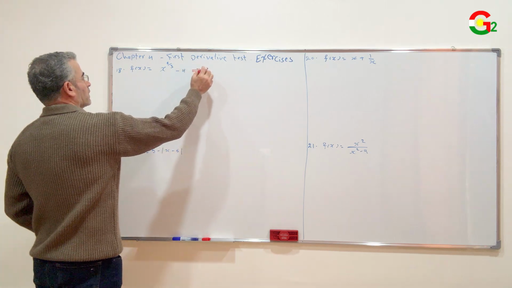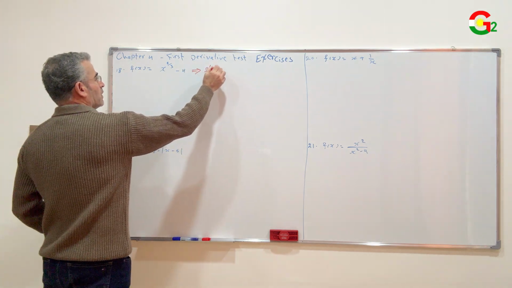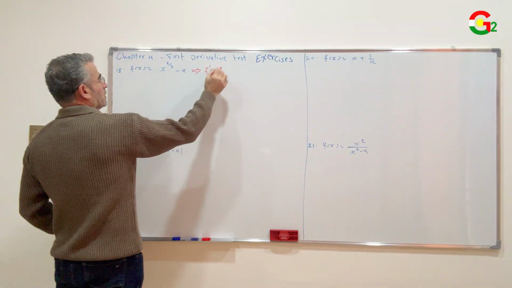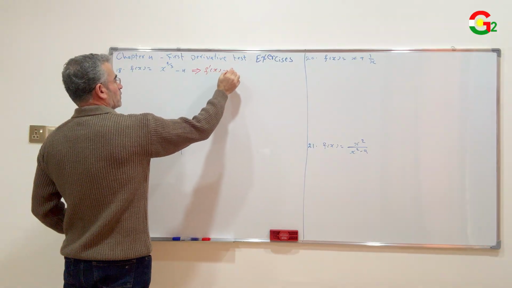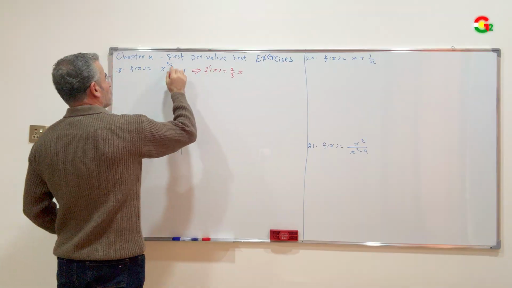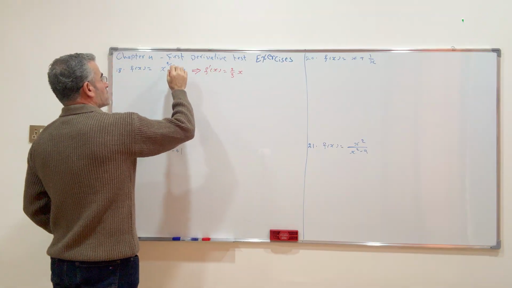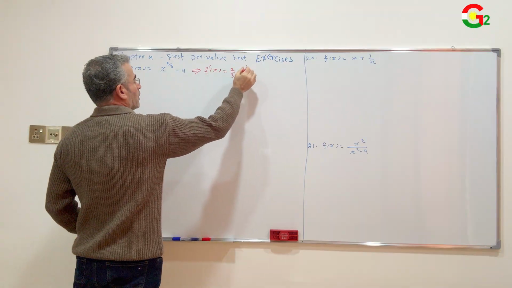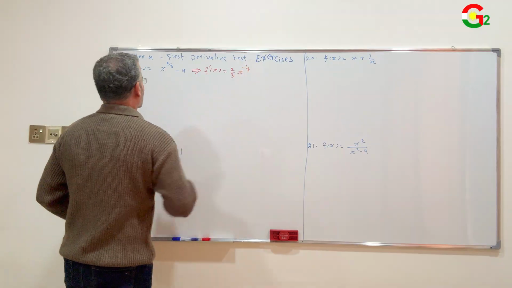First, we find the critical point by differentiating this function. f prime of x equals 2 over 3 x to the 2 over 3 minus 1, which is negative 1 over 3, minus 0.